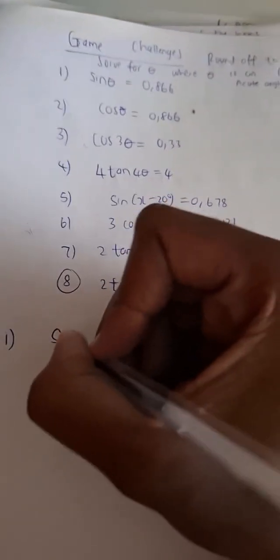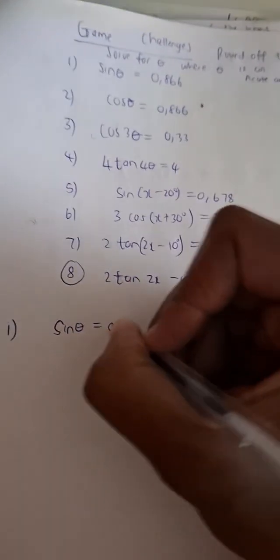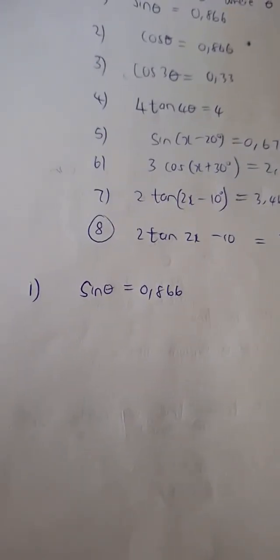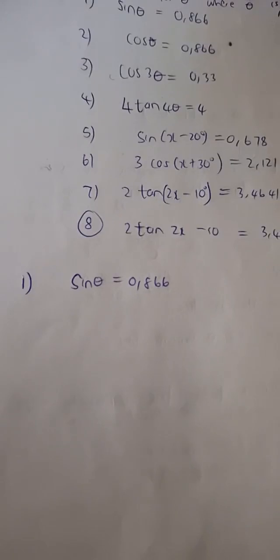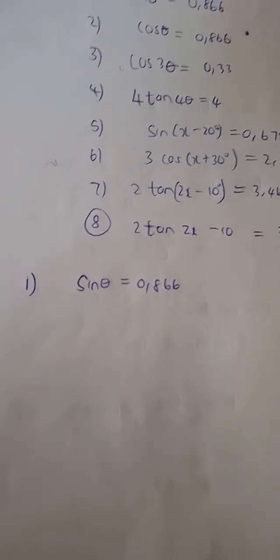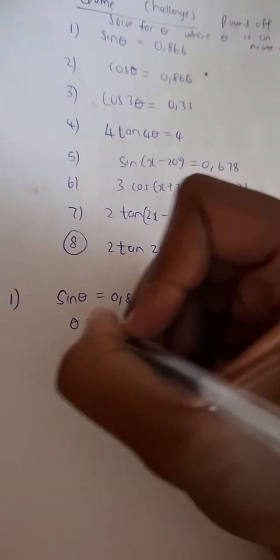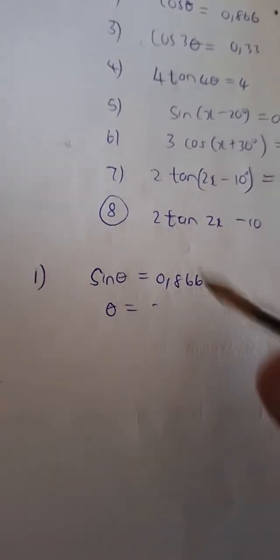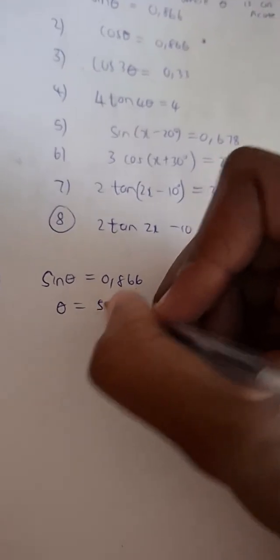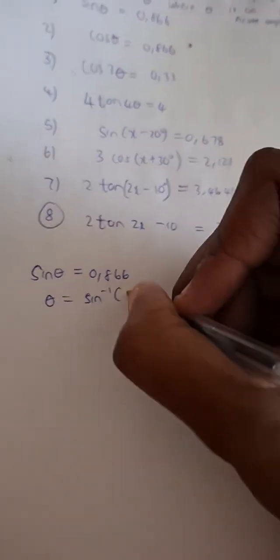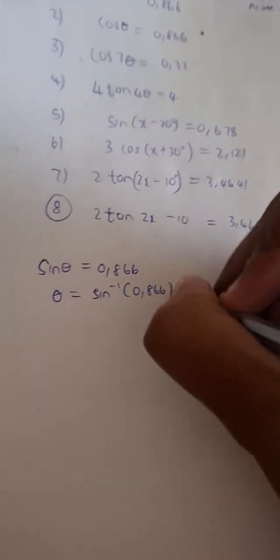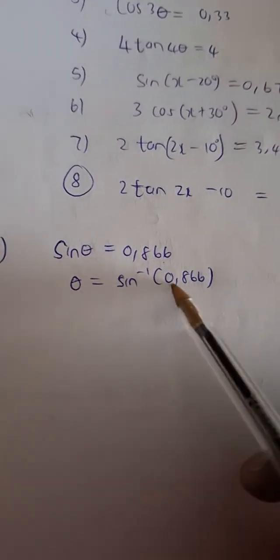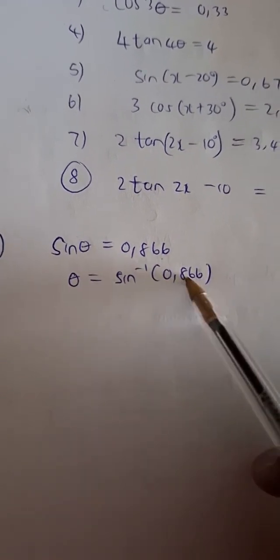Remember, guys, that when we say sine theta is equal to 0.866, I see in the comment section Tasha, hello. Remember what we said: when the trig ratio has been isolated on the left and there's a numerical value, that gives us the opportunity to take arc sine on the right hand side of the numerical value.